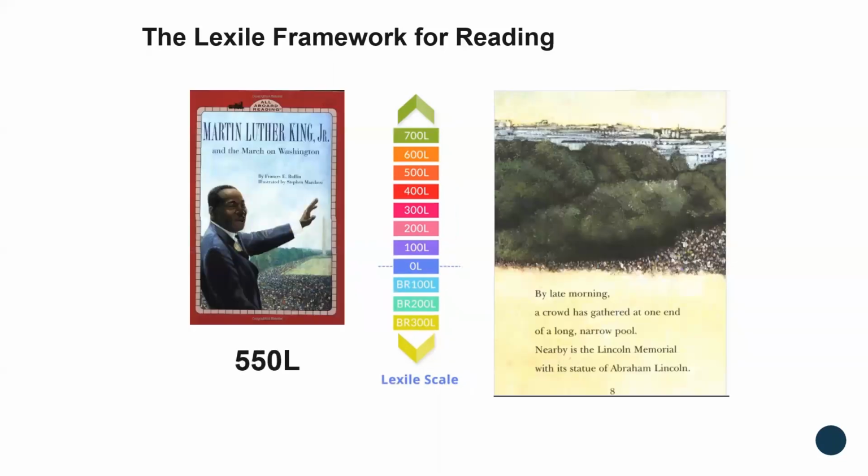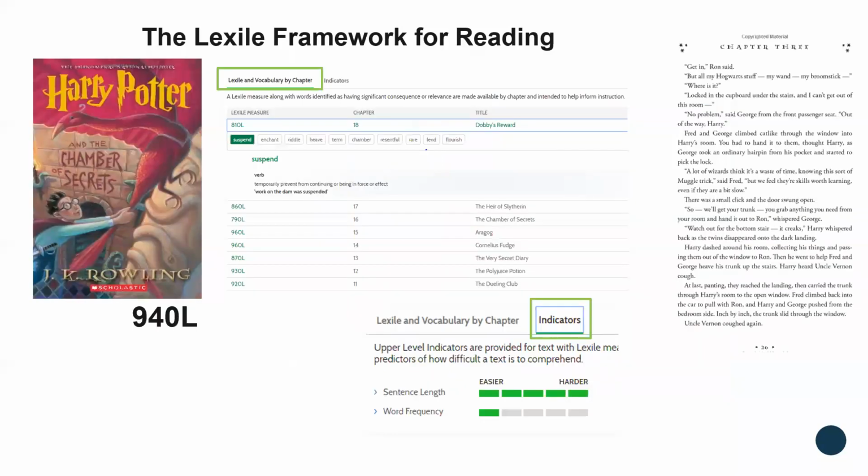when you are thinking about the complexity of the text. Martin Luther King Jr. and the March on Washington comes in at 550L. The words may not be that difficult, except that since this was a walk around Washington, they do mention the monuments and the buildings that would be seen during this journey, which would increase the Lexile measure of this text, because students aren't that familiar with seeing these words in print at the age this book might be recommended for.